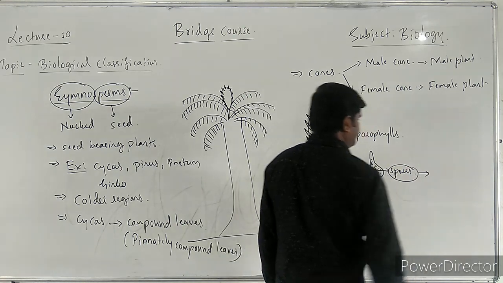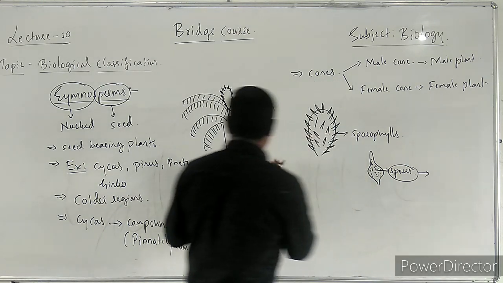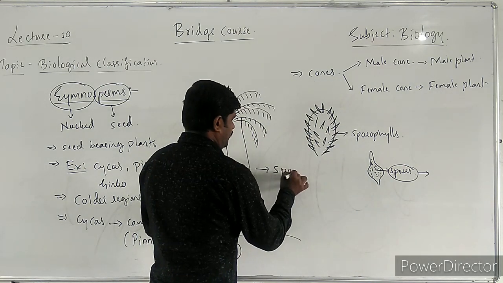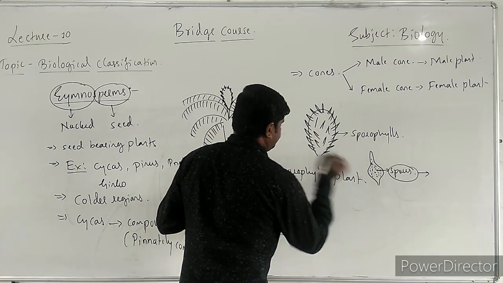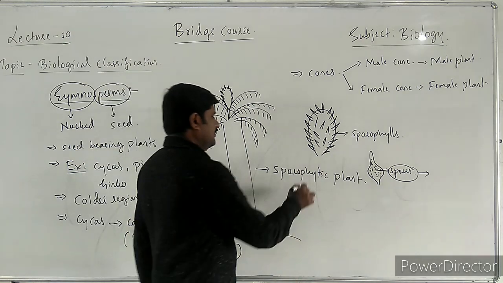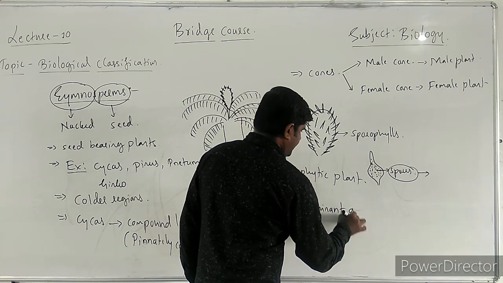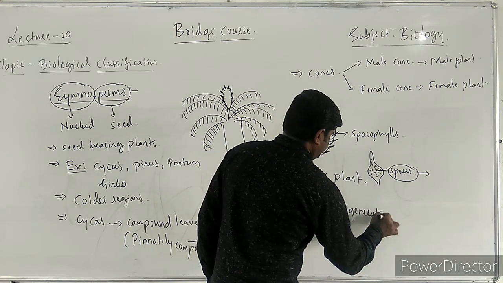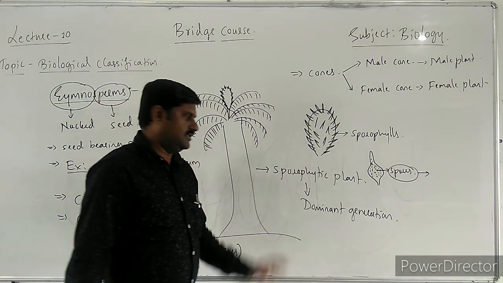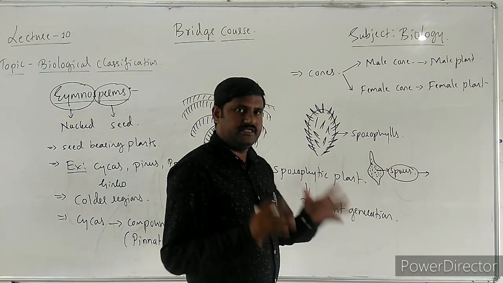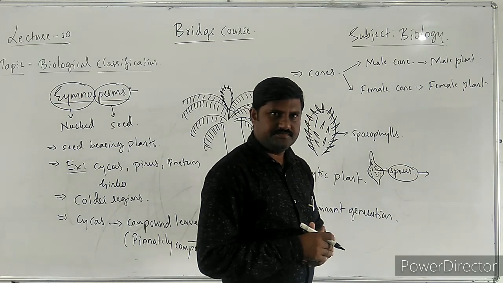These spores are produced by the plant which is called the sporophytic plant. The sporophytic plant is the dominant generation here. The gametophytic plant is not dominant here, right? It lives for only a short period.